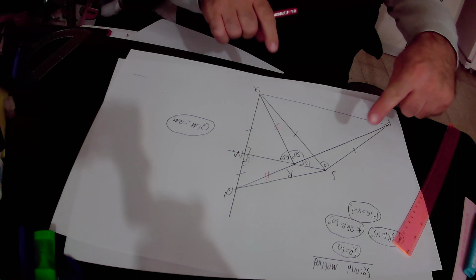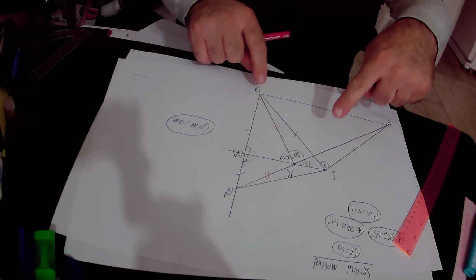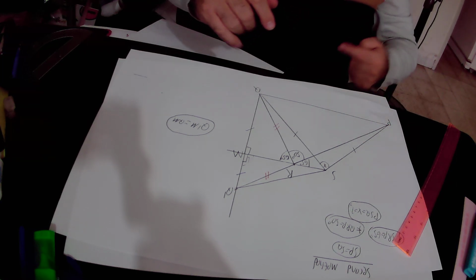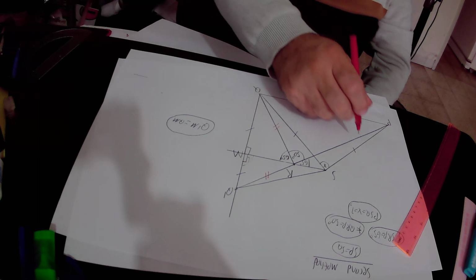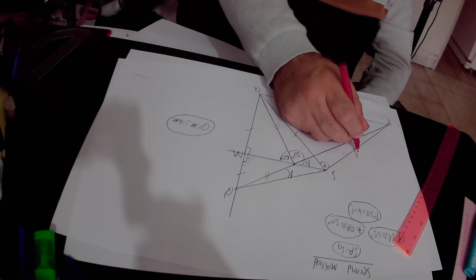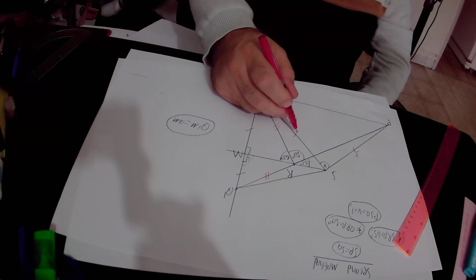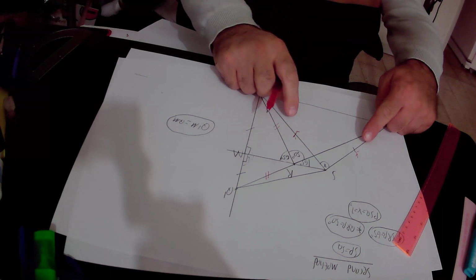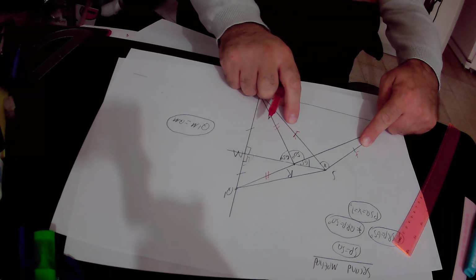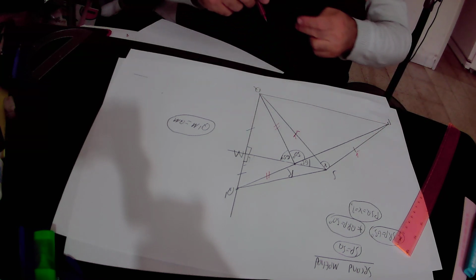And we also know that PS equals SQ. So if we define PS as Y, then SQ will also be equal to Y because they are equal to each other. Okay, so those two sides are both equal to each other and are both equal to Y according to our definition.